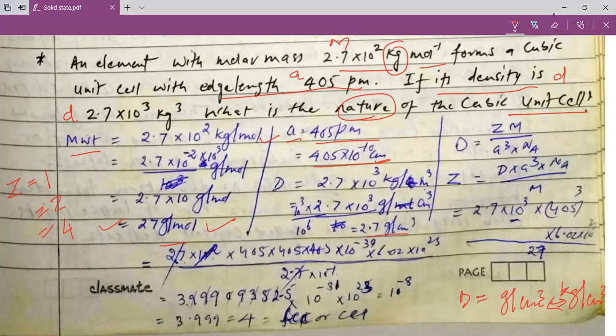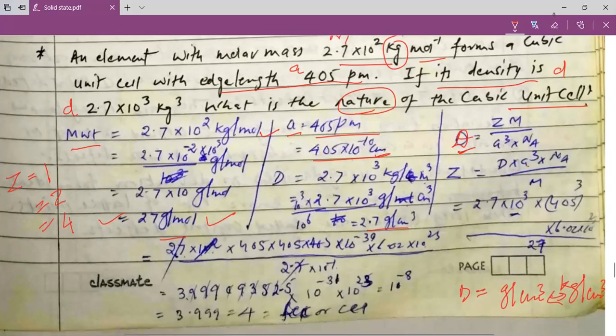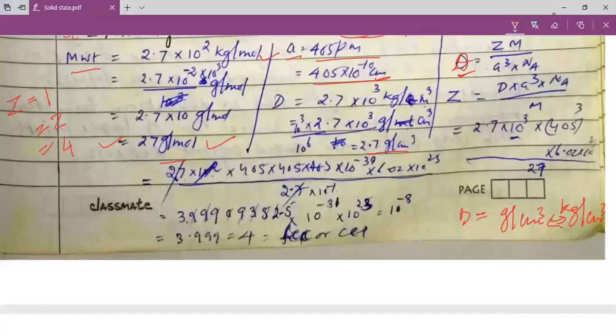Now we know the formula: density D is equal to Z into M divided by a cube into Na, and therefore Z is equal to D into a cube into Na divided by molecular weight. So let us put all these values, my dear students. For density we write 2.7 into 10 to the power 3.